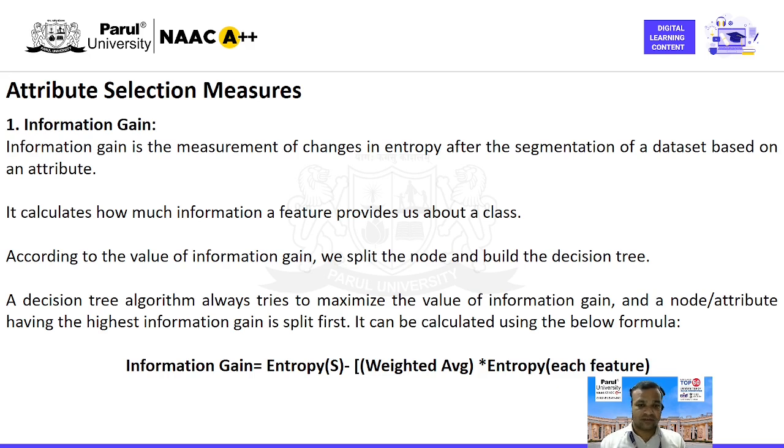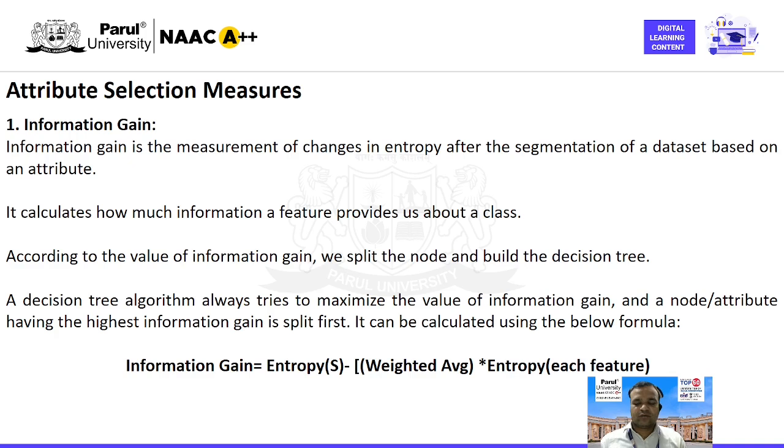According to the value of information gain, we split the node and build the decision tree quickly. A decision tree algorithm always tries to maximize the value of information gain, and the node or attribute having the highest information gain is split first.